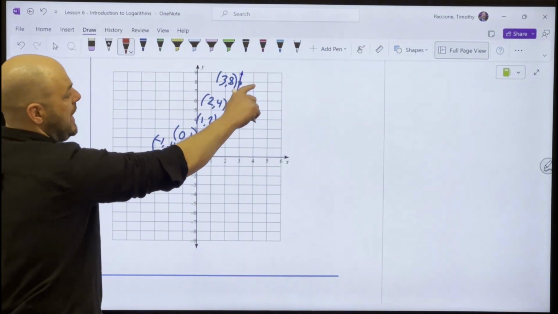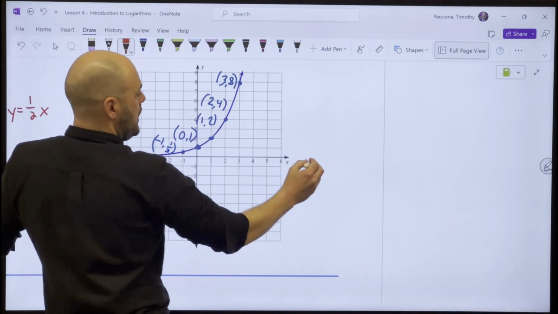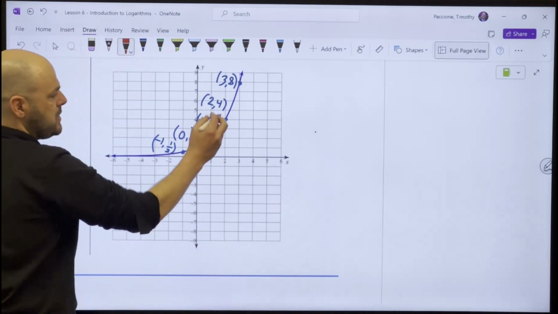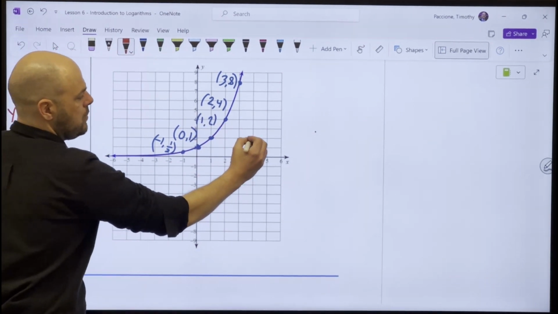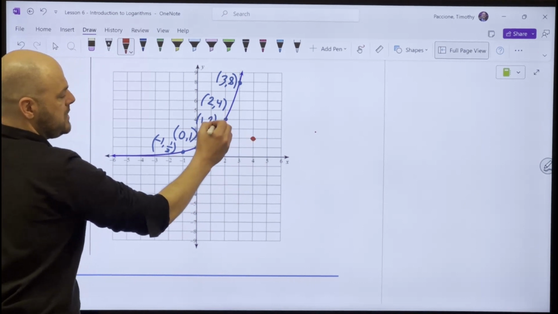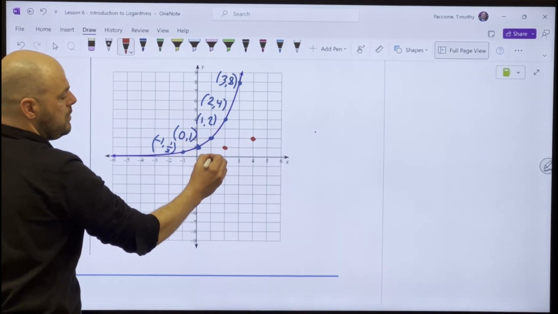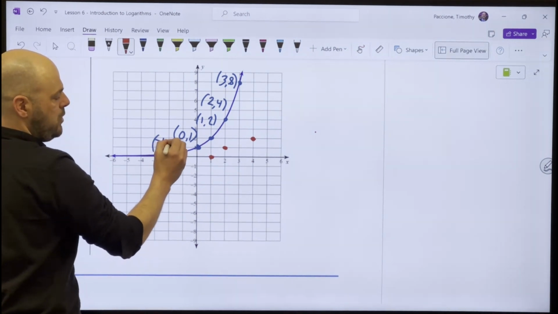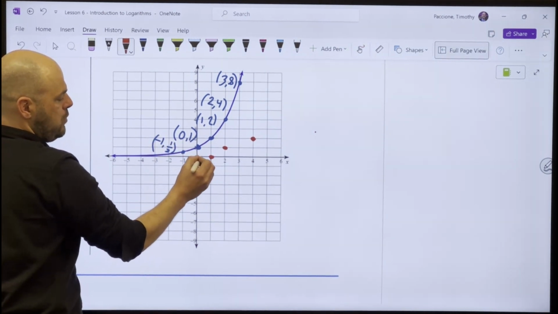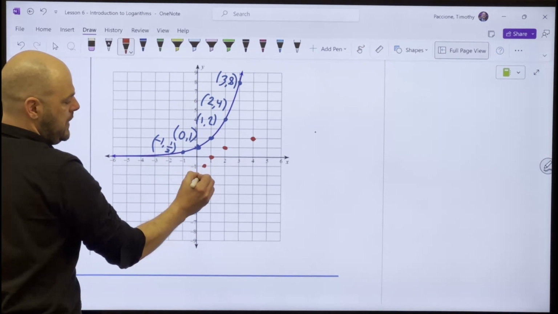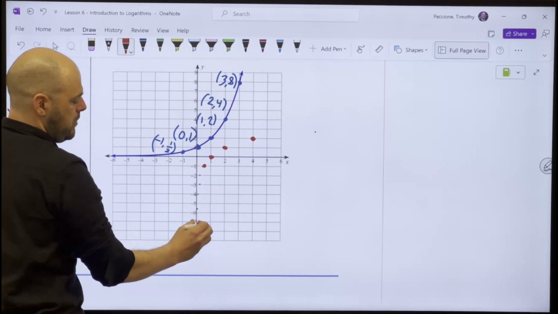The opposite of 3, 8 is 8, 3. That's off the graph. The opposite of 2, 4 is 4, 2. Opposite of 1, 2 is 2, 1. 0, 1. 1, 0. -1, 1/2. 1/2, -1. And then I guess it would just do this, right?